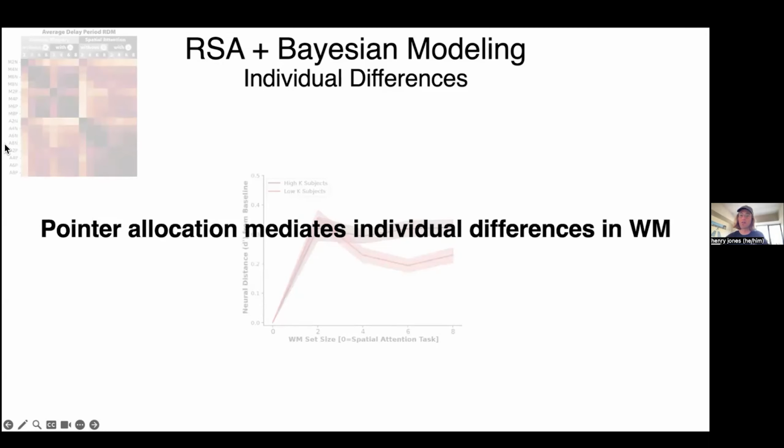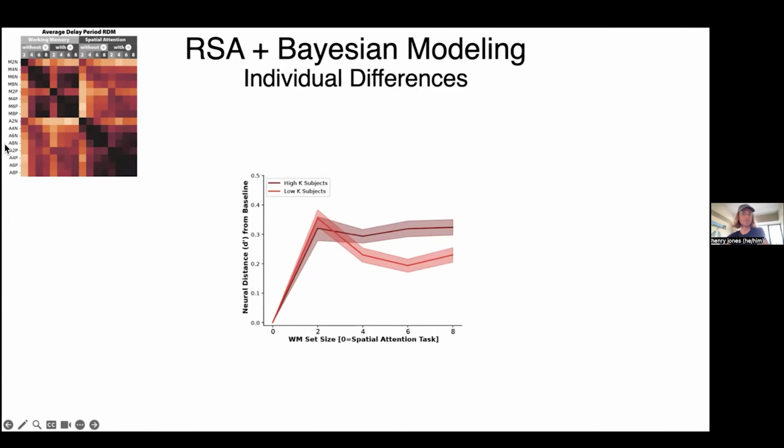Overall, this plot and this work is consistent with the claim that the load signal is reflecting pointer allocation, and pointer allocation is mediating individual differences in working memory performance. Now, there are a couple of surprising things here that I want to hit on and set up the follow-up data set as we get to the end of this. The first is that we're seeing this peak at set size 2, while most work finds it around set size 3 or even set size 4.